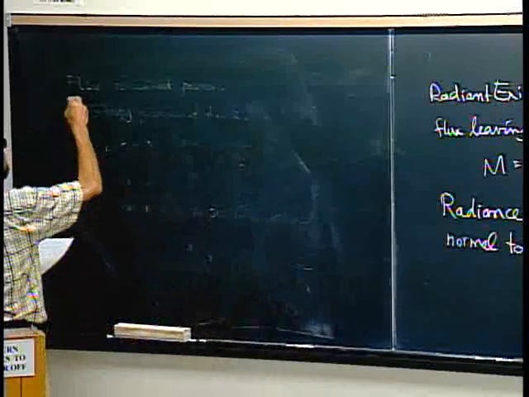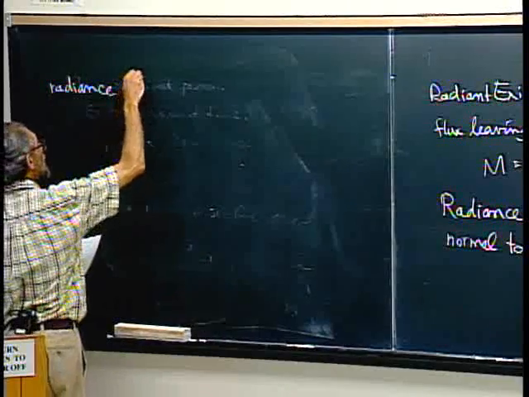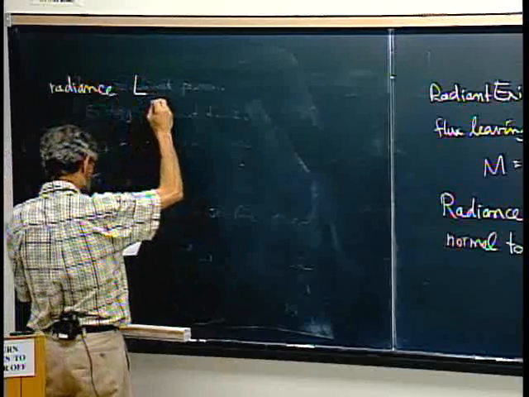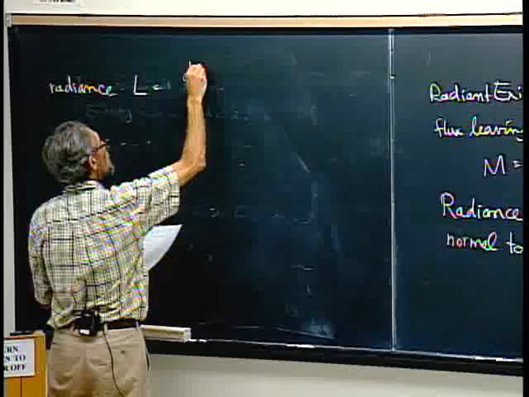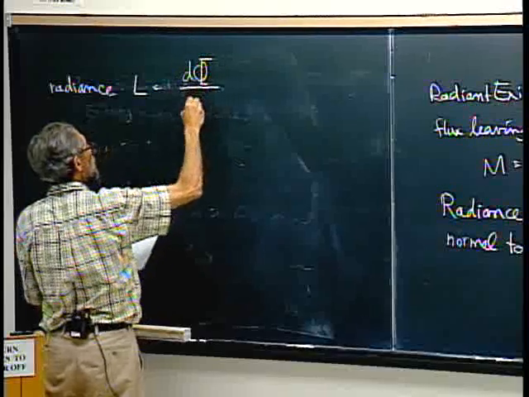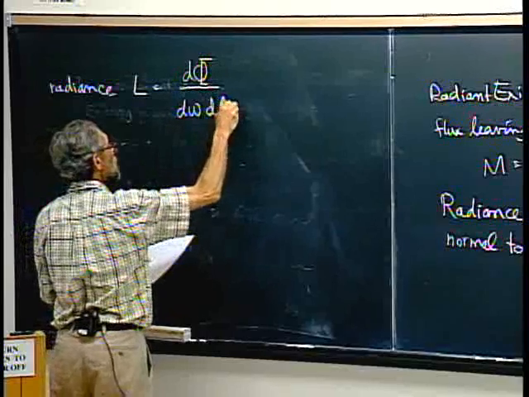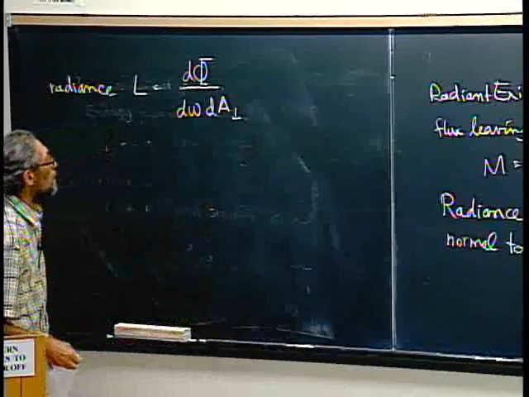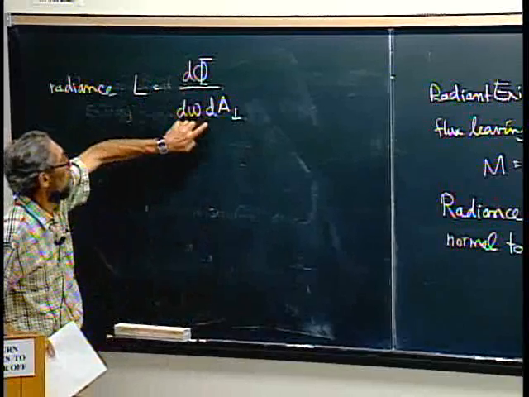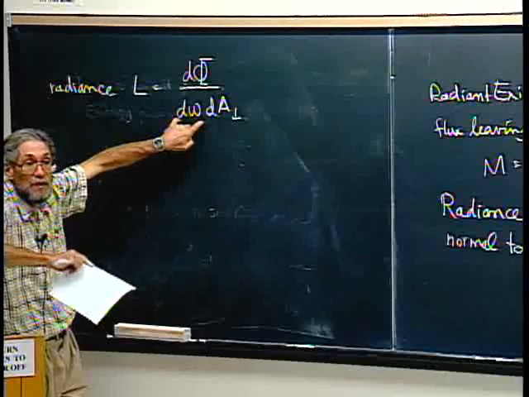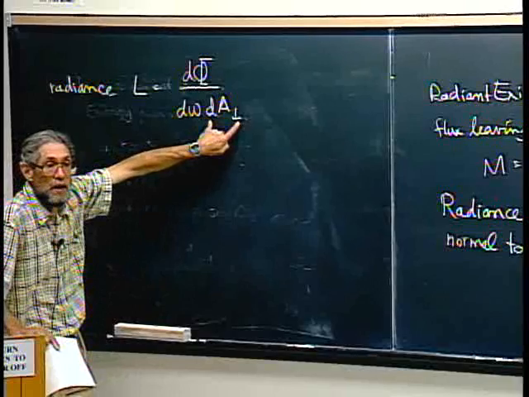The notation we use for radiance is L. And what it is is the flux, d phi, over d omega dA perpendicular, where d phi is the flux, d omega is one of these solid angles that the flux is coming from, and dA perpendicular is the area perpendicular to the beam.